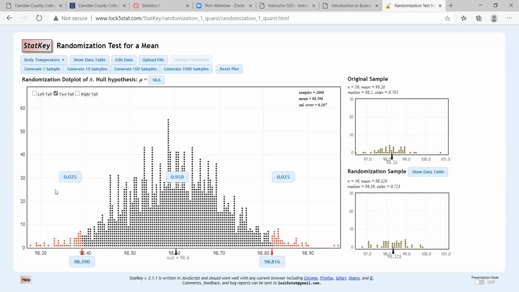Here's an alternative way of doing this. Now, remember the null is in the middle here, 98.6. 98.26 is below the null, correct? So one thing we could do, which would make this a little easier, is I'm going to click this box here, and I'm going to type in 98.26.